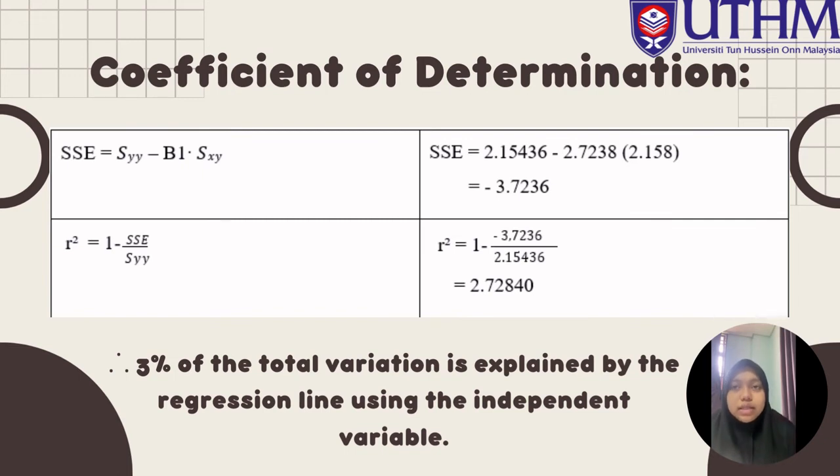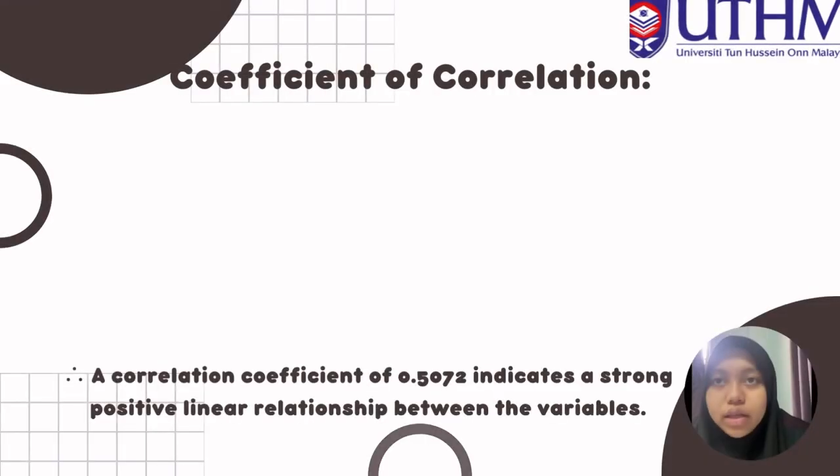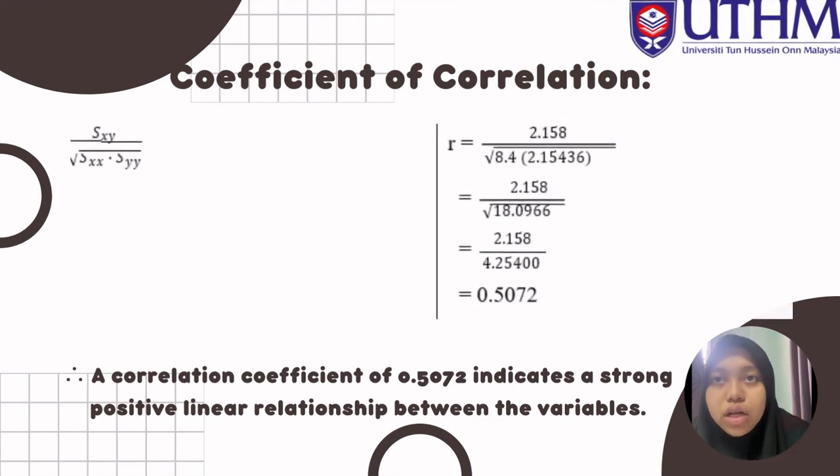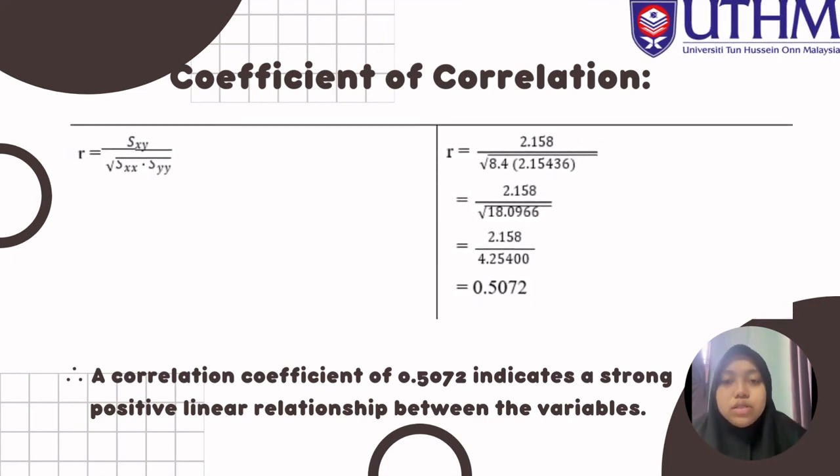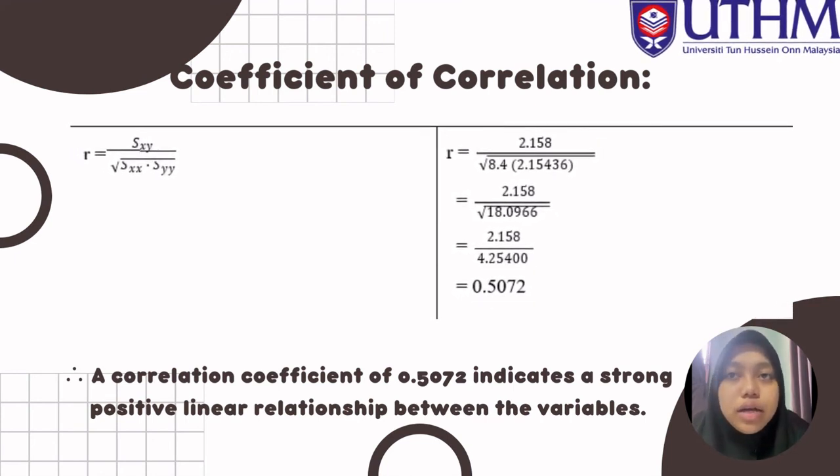In this case, we can see that 3% of the total variation is explained by the regression line using the independent variable. And then for the coefficient of correlation, the formula shows that R equals Sxy divided by the square root of Sxx times Syy.